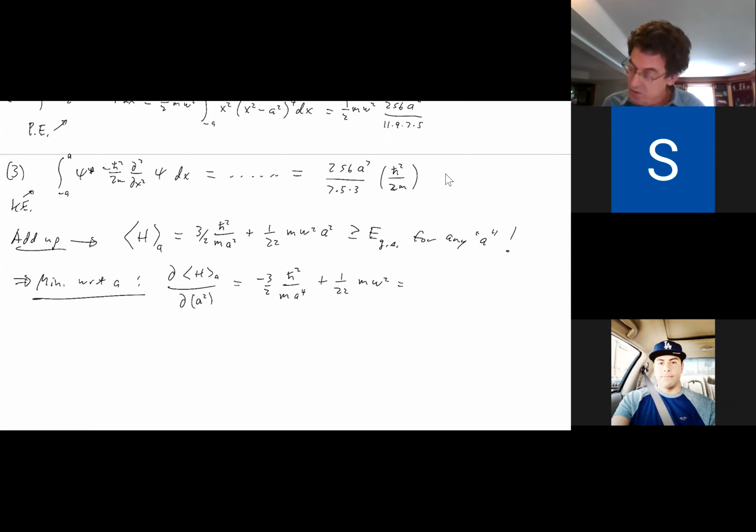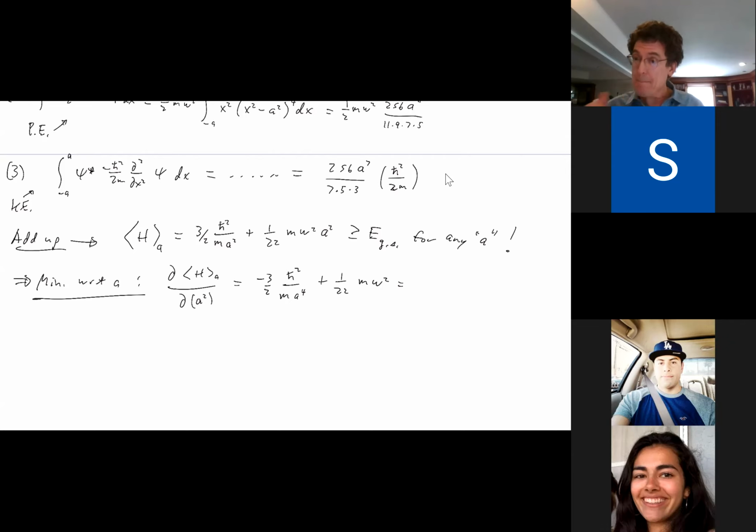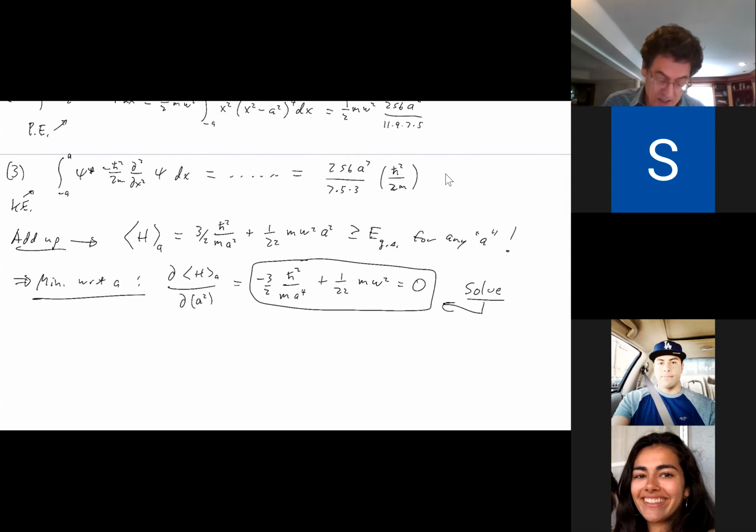And I set that equal to what? 0. That's right. And so then I set it equal to 0, and then I solve this simple equation. And when I solve it, I get a squared is equal to square root of 3 times h bar over m omega.